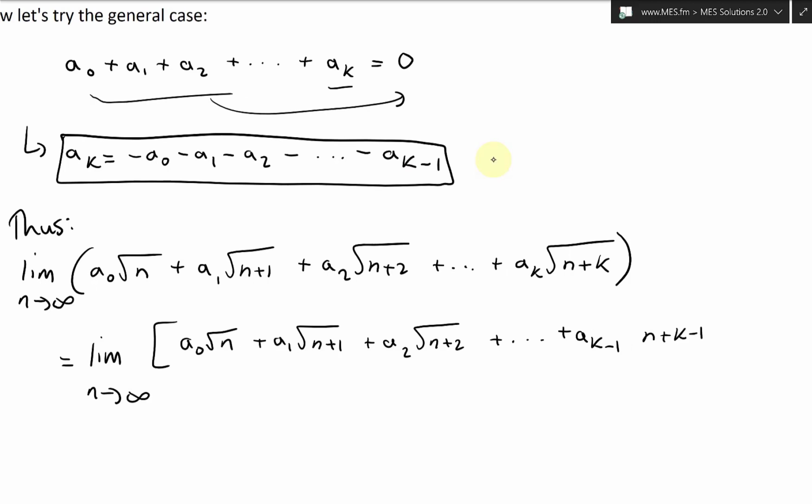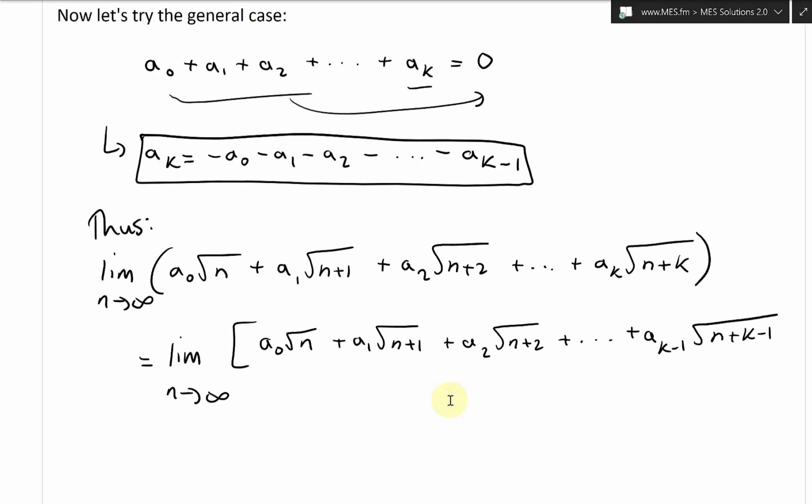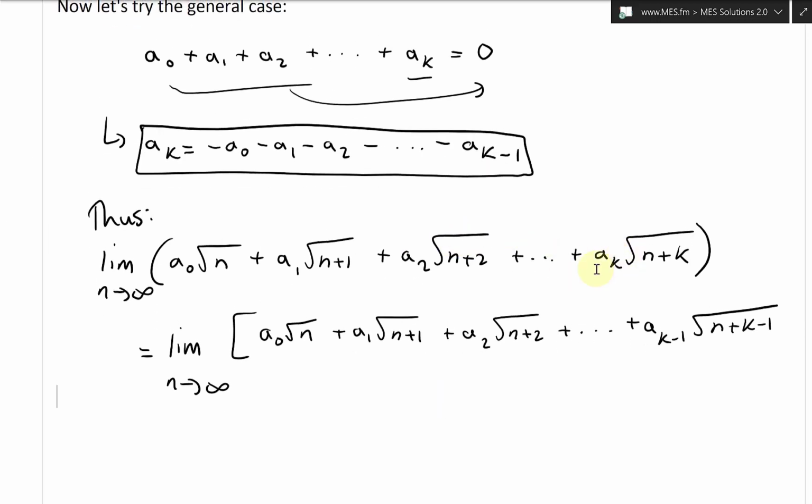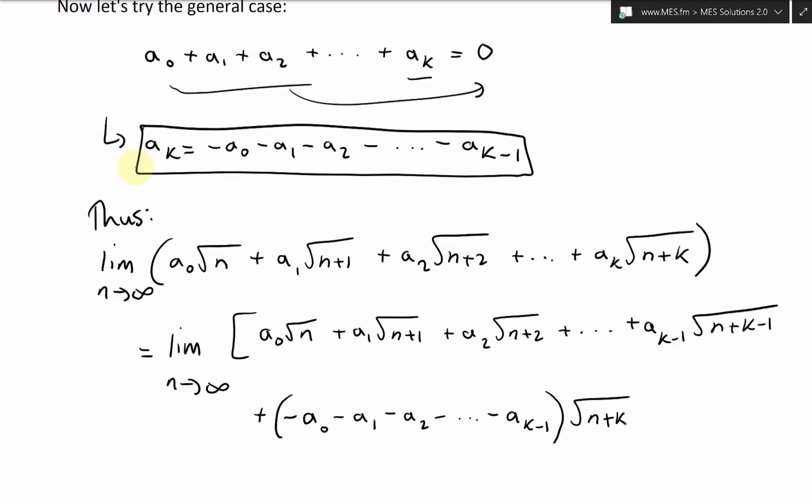So we go to the second last term, and then replace ak with this equation. So now plus, in a giant bracket, negative a0, negative a1, negative a2, negative dot dot dot, all the way to negative a(k minus 1), and then we'll have square root n plus k.